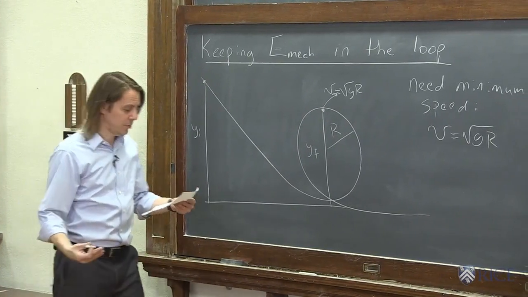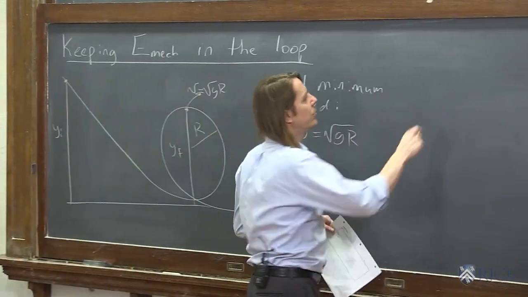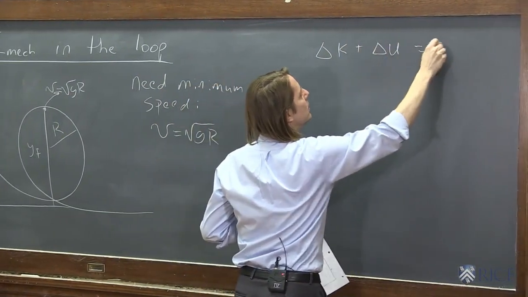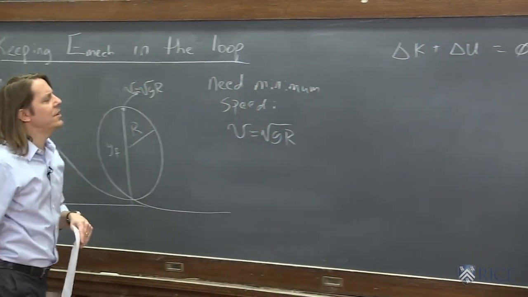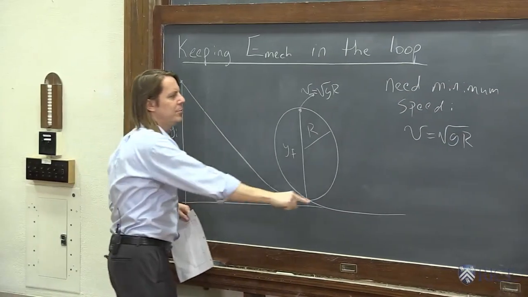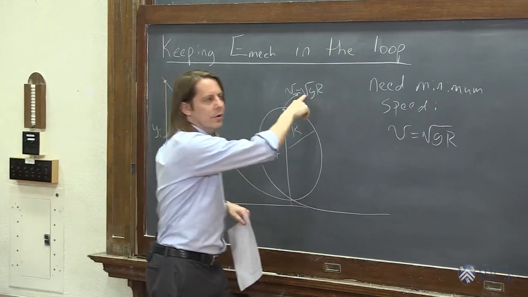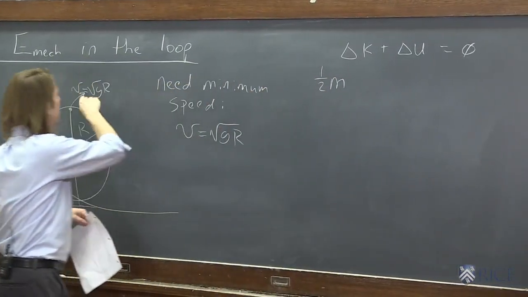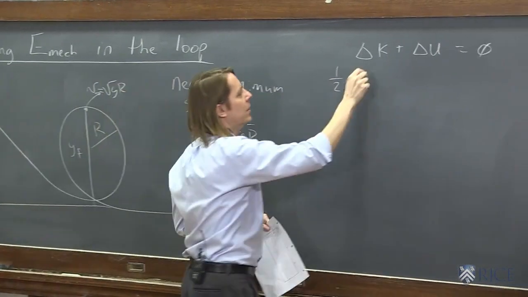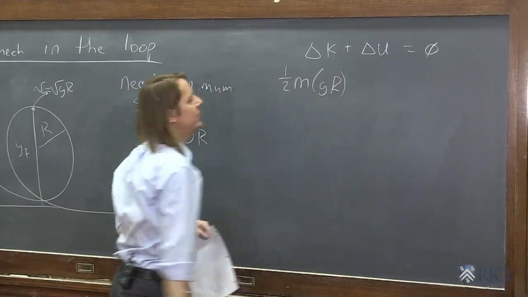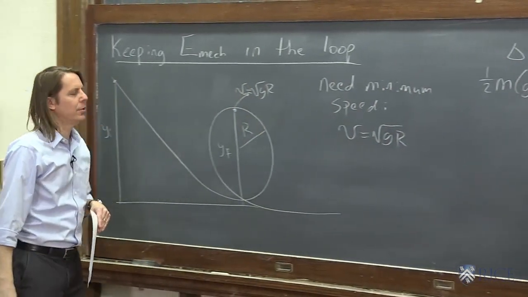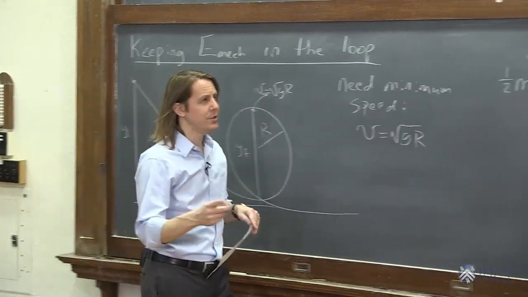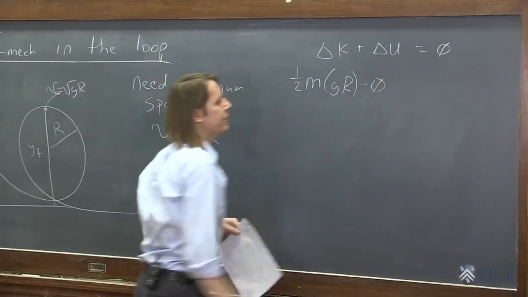Well, all we've got to do is apply delta K plus delta U equals 0. Let's see, the final kinetic energy has to be 1/2 mv squared, right? 1/2 m, and the square root of gr squared is just gr, so 1/2 m g r, acceleration due to gravity times r. And minus the initial kinetic energy, which is 0, because I'm going to release it from rest.